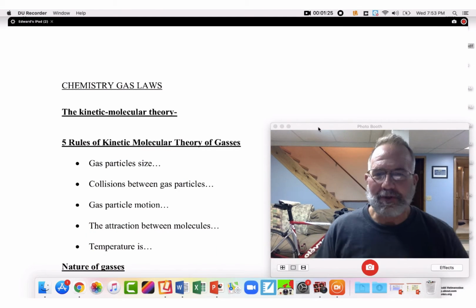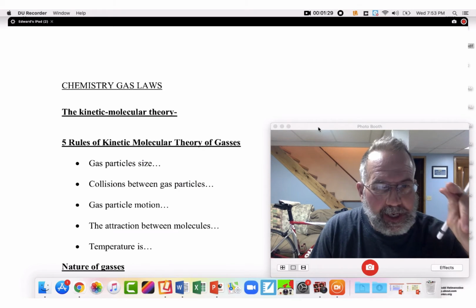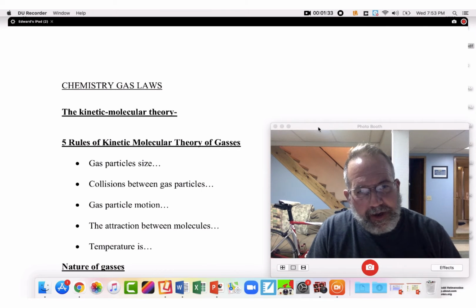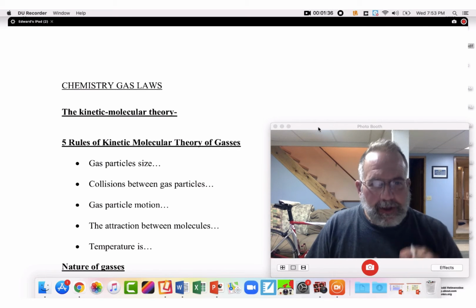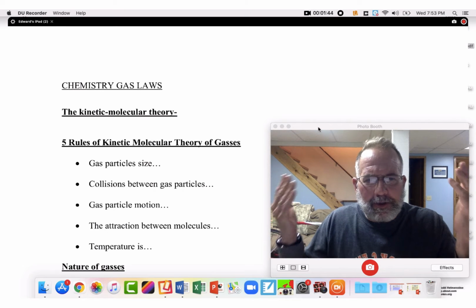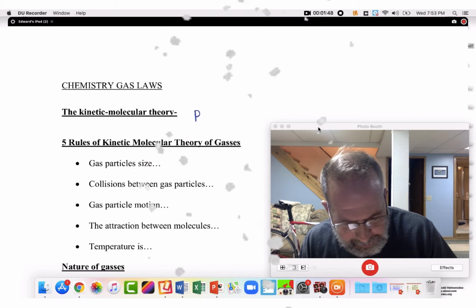Okay, so first of all, before we can talk about gases, we have to talk about the kinetic theory, or the kinetic molecular theory, as it says on the paper there. Simple theory. Kinetic means motion. Molecules are particles. Kinetic molecular theory just says particles in motion.